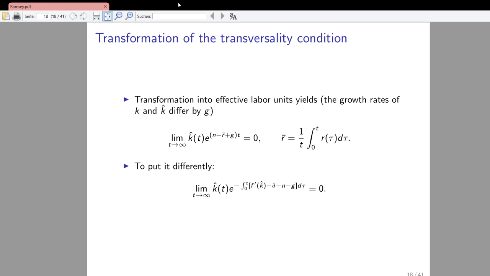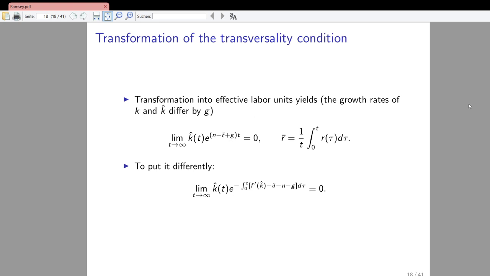Now, I don't use too many words on that here, but as is intuitively clear, the transversality condition would again be the limit as time goes to infinity of the capital stock per unit of effective labor multiplied by the growth factor of capital per unit of effective labor needs to be equal to 0. Now the growth factor of capital per unit of effective labor is then not only the interest rate itself, but the effective interest rate. So we take the population growth rate minus the average interest rate over time.